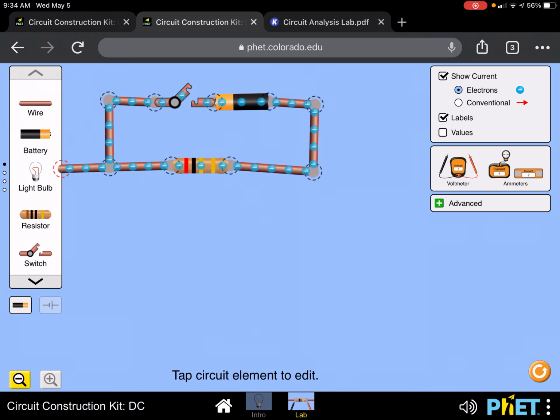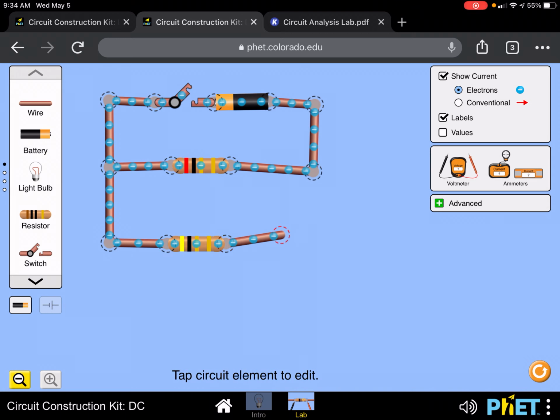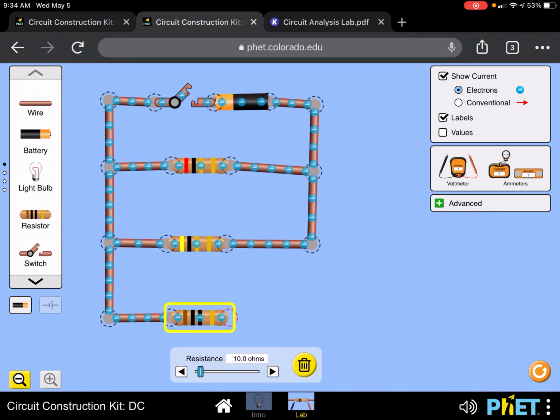Then I'm going to add on a second loop. Changing the resistance to 4. Just like that. And then lastly, I'm going to add on a third loop. And I'm going to change the resistance to 6 ohms. There we go.